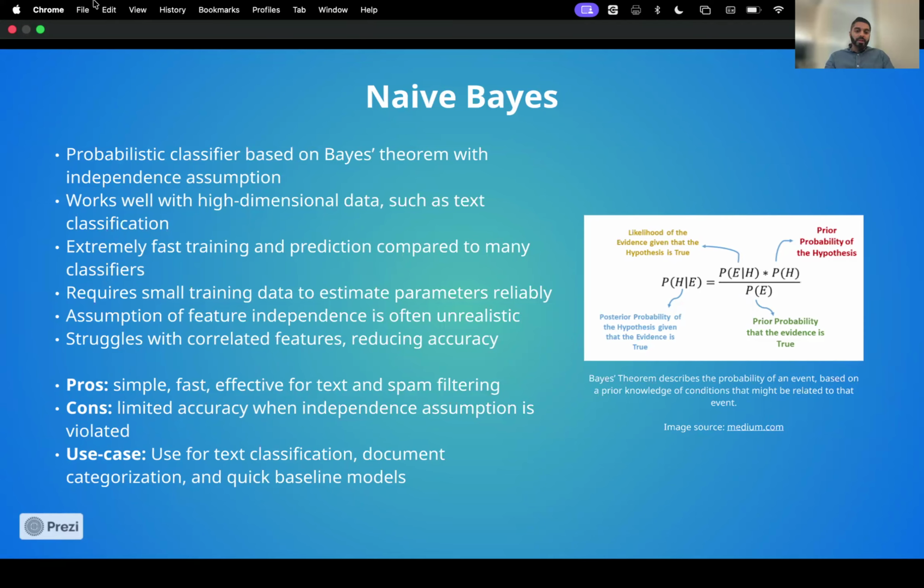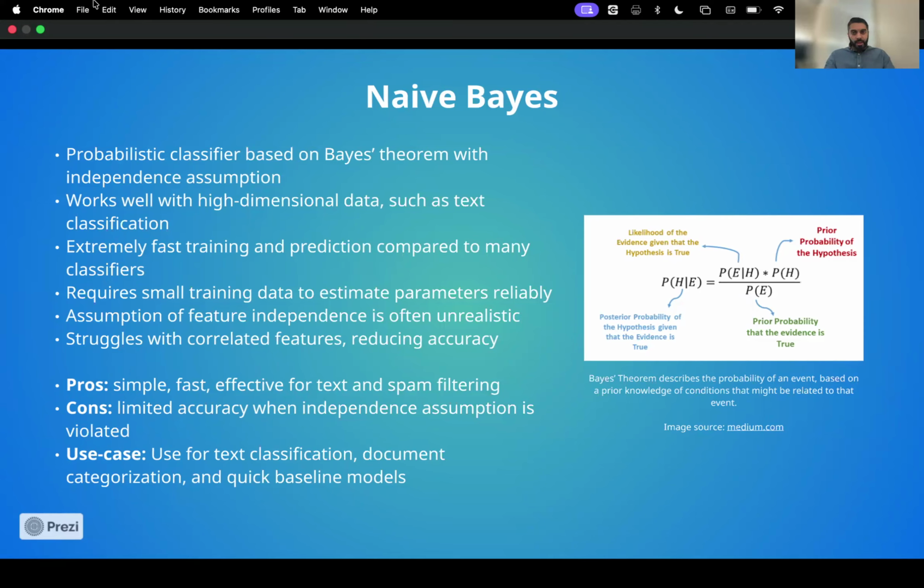And in terms of cons, as long as the independence assumption is satisfied, the model works well. But as soon as it's violated, you're going to see accuracy drops. Which is why in use cases like text classification and document categorization, all of that is fair game because it can easily work with high dimensional data.